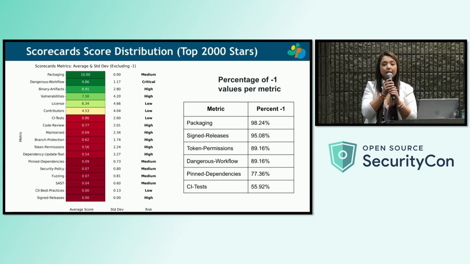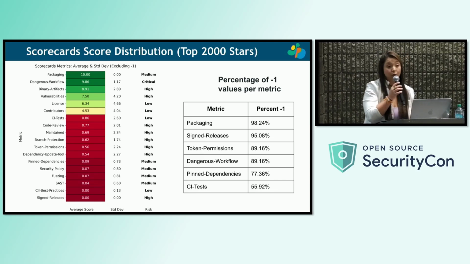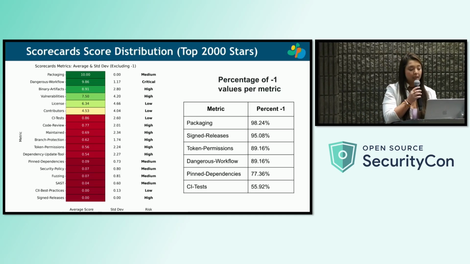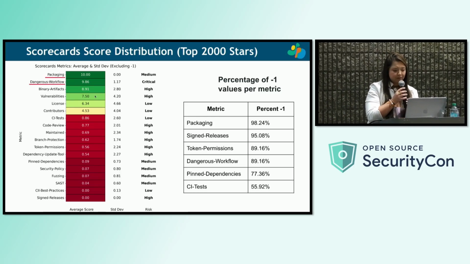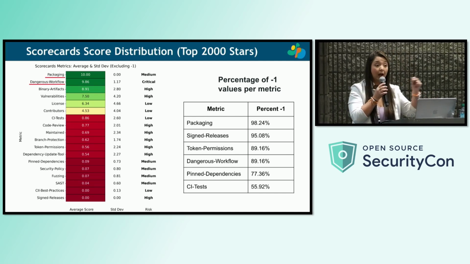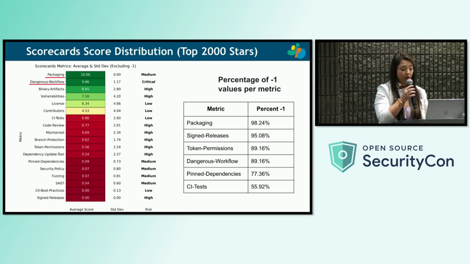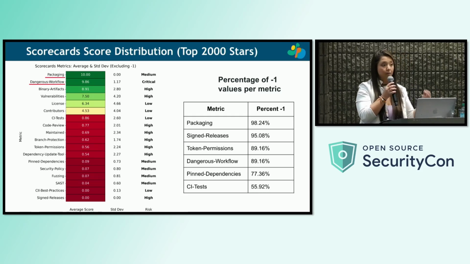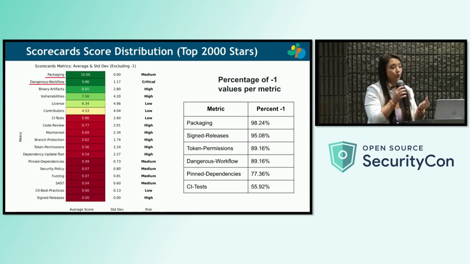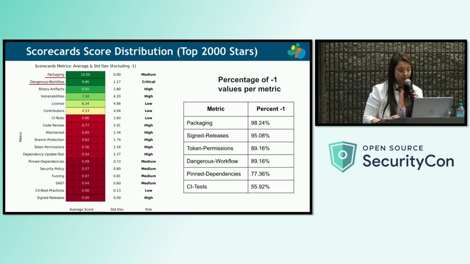So Scorecards assigns a value of -1 for projects where you can't compute the metric for whatever reason. And packaging and dangerous workflow, which are the top scores that have the highest average, are also 2 of the ones where most of the values are actually -1. So there's very, very few projects where these metrics are actually computed.